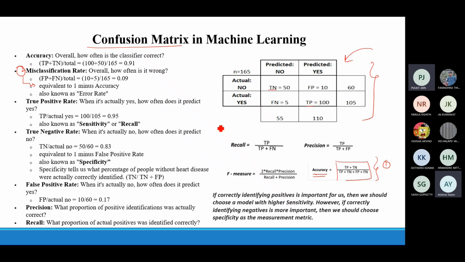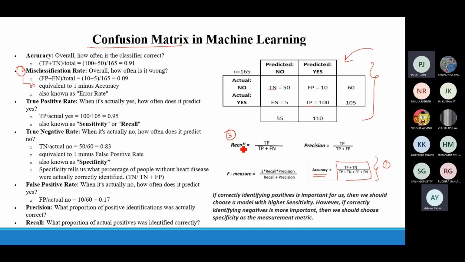Then third, if you want to calculate the recall. Recall is also known as sensitivity or the true positive rate. If you want to calculate the recall, the formula is this.